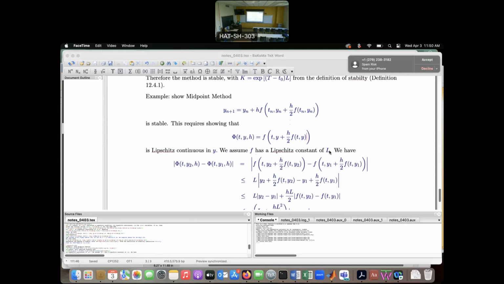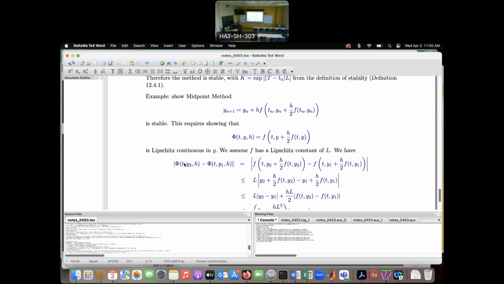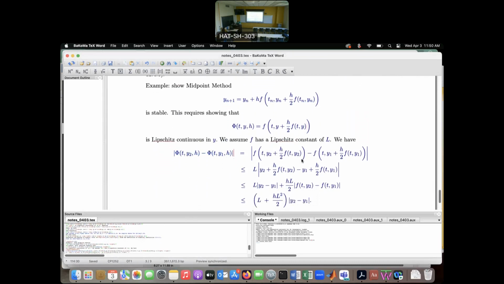So we use a Lipschitz constant of L. So the difference in phi values, notice that t values are the same, h values are the same, but y values are different. So we fill in what phi is, evaluating f. And then we use the fact that f is Lipschitz continuous. Then this difference is bounded by L, the Lipschitz constant, times the difference in the y argument.